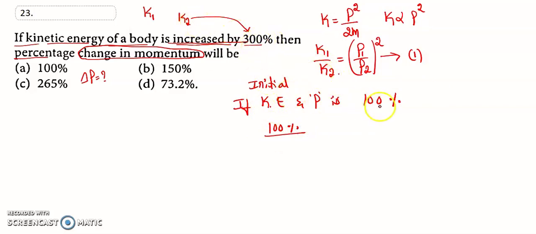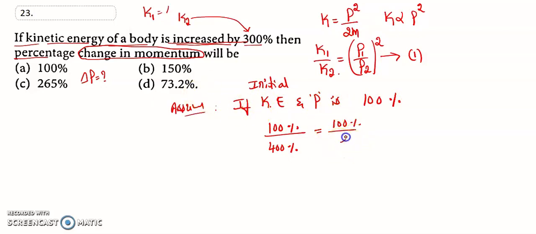How much is it here? 300 plus 100, how much does this become? 400%. Because K2 is equal to 300 plus K1, how much have I given for the first one? Here 100%. 300 plus 100, 400, is equal to the initial momentum. So these are the assumptions. So according to these assumptions, when initial kinetic energy and initial momentum are 100%, this becomes 100%.